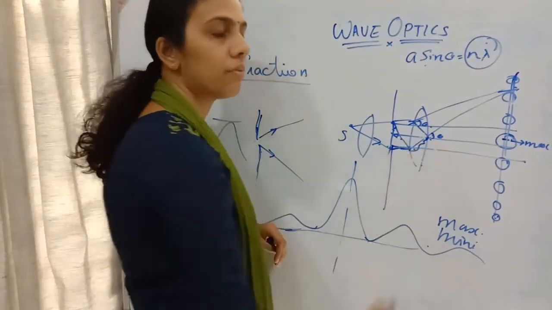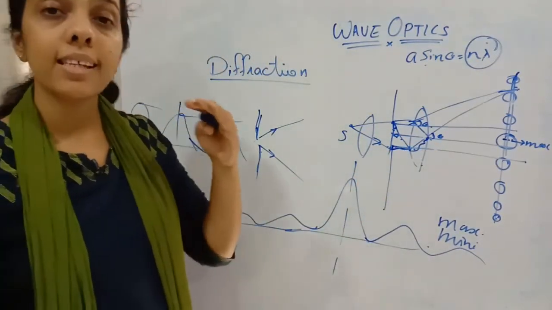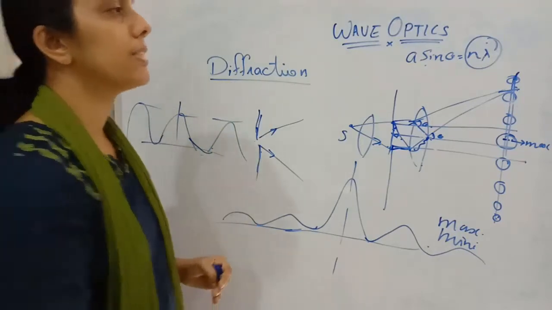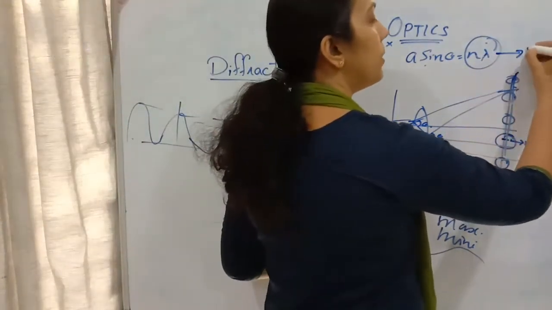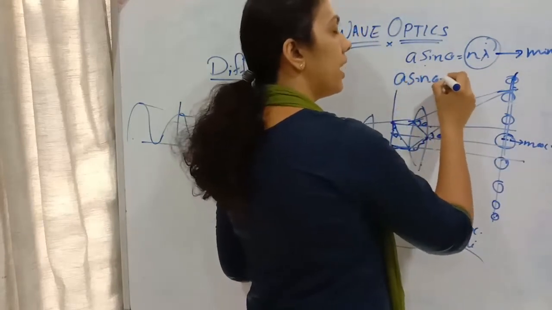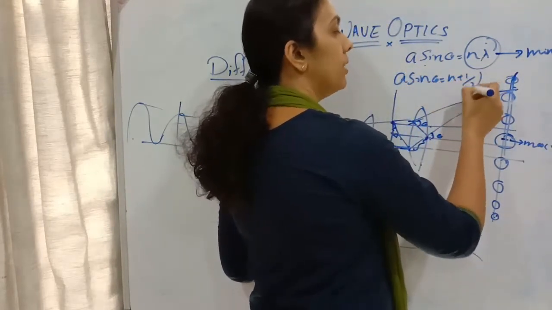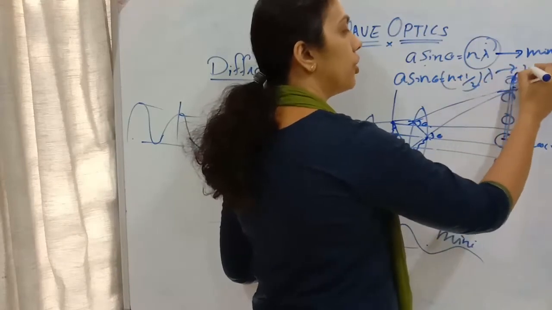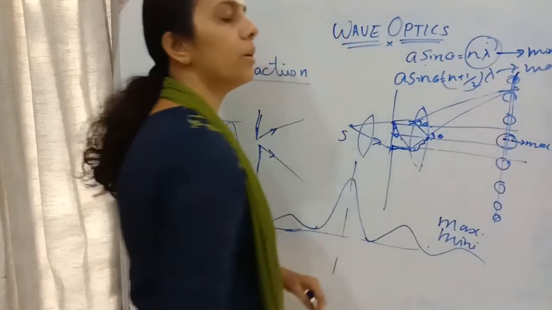If a sin theta equals n lambda, it will be the position of minima, and a sin theta equals n plus half into lambda is the position of maxima. Clear, children?